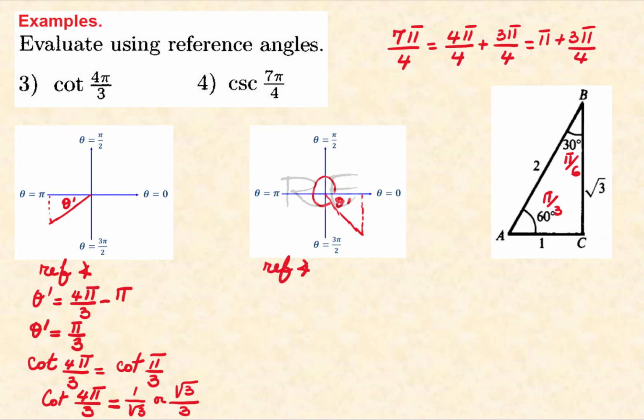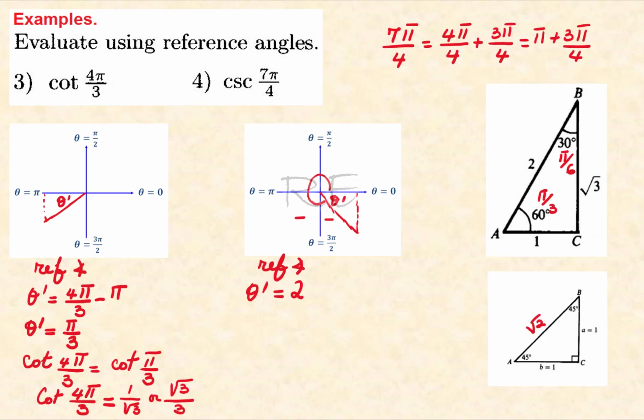The reference angle, theta prime, is equal to 2 pi minus 7 pi over 4. Well, 2 pi is 8 pi over 4, so we multiply by 4 over 4: 8 pi over 4 minus 7 pi over 4. Theta prime is equal to pi over 4.